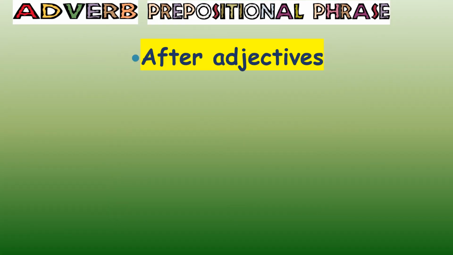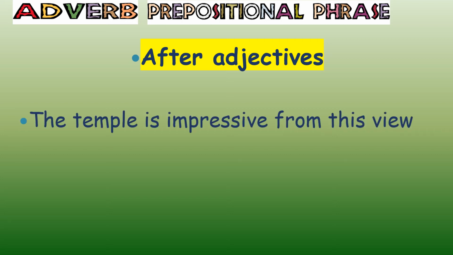Number 2, adverb phrase modifies adjectives, right? And they come after the adjective they modify. Example, the temple is impressive from this view. Where is the prepositional phrase in this sentence? Yes, from this view. Now look at the word behind it, or that is close to it.